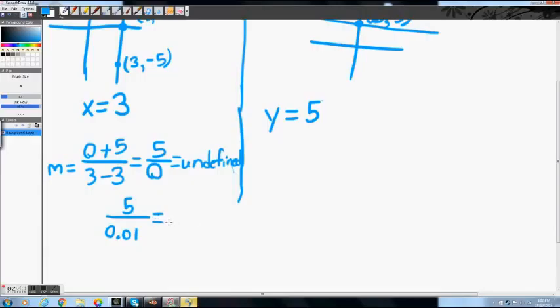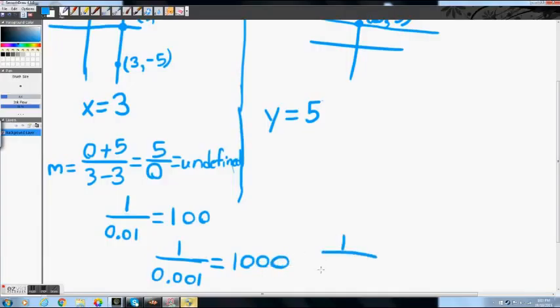You divide 5 by 0.01, we get 500, right? Well, let's just use 1. We divide 1 by 0.01, we get 100, right? Divide 1 by 0.001, we get 1,000.